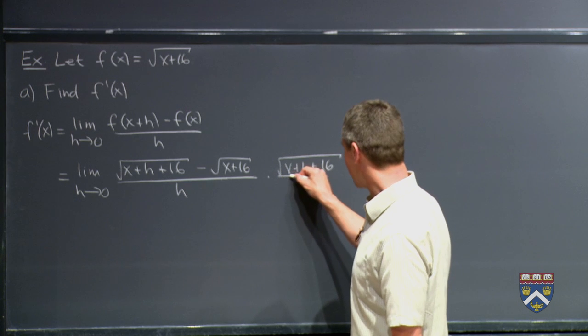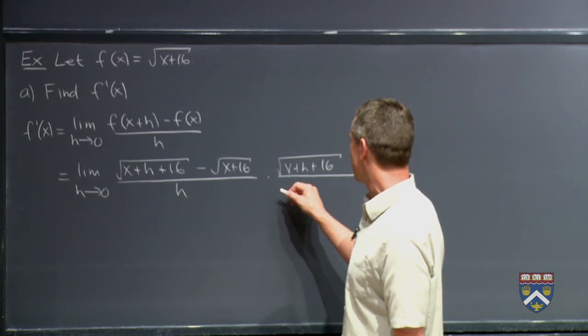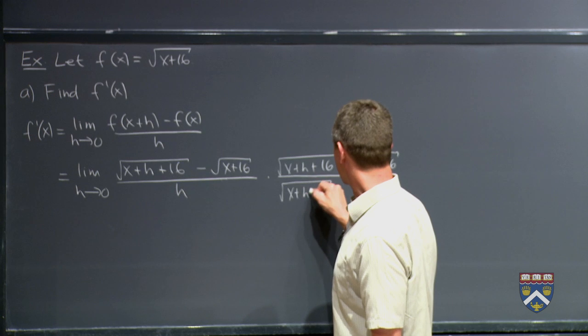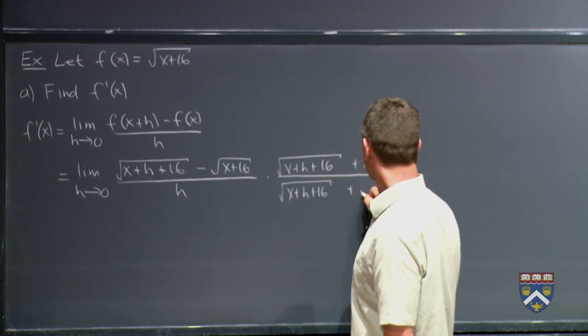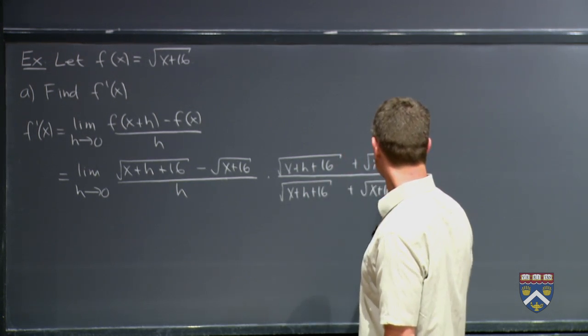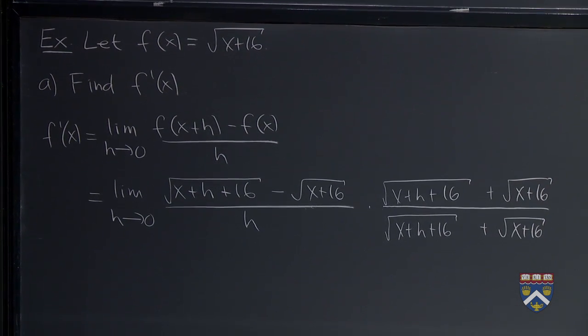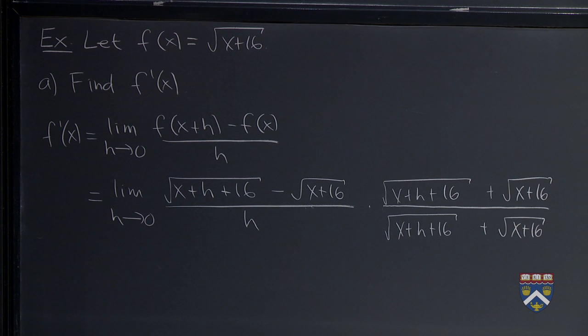So this is another example of where we are multiplying by 1 in a clever way. So if you had forgotten all about the conjugate, don't feel bad. You probably saw it once a long time ago and you haven't seen it since. But this is what we need to solve any one of these derivatives with a square root in it.